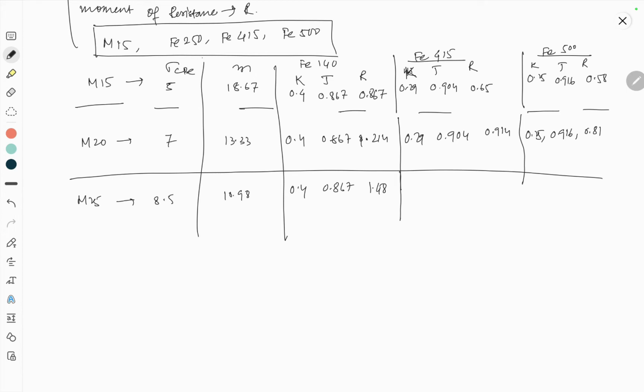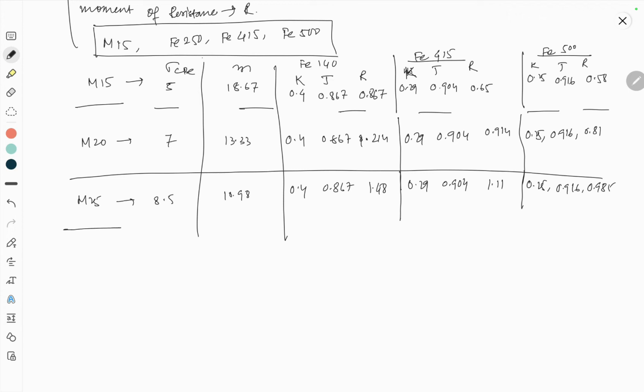For Fe 415, k is 0.29, j is 0.904 and R is 1.11. And for Fe 500, k is 0.25, j is 0.916 and R is 0.985.